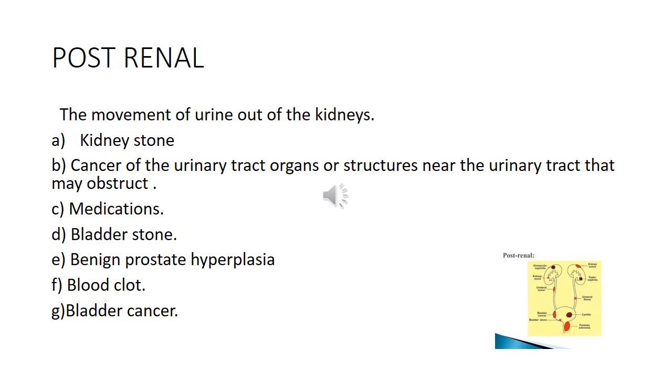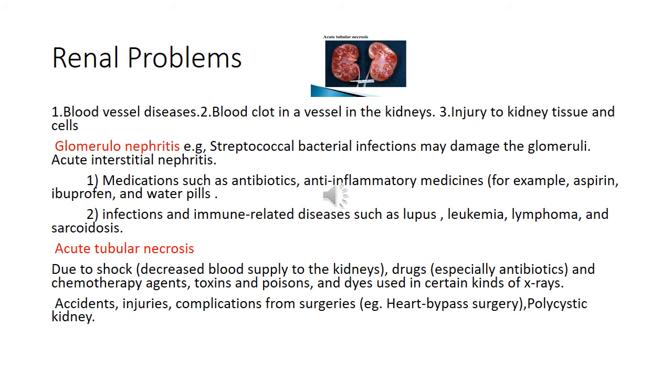Then cancers of urinary tract organs or a structure near the urinary tract may obstruct the outflow of urine, and certain medications eliminated through the kidney may also damage the structural and functional units. Other contributing factors are bladder stones, benign prostate hyperplasia, blood clots, and bladder cancers.